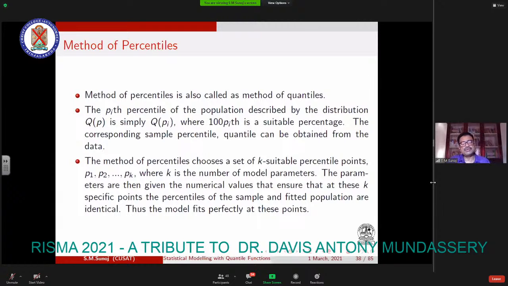In that case, we can think of using 3 percentiles, say the 10th, 50th, and 90th percentiles, to get an equal interval of percentiles. Otherwise it will not explain the tail end behavior of the population. That is why equally distributed percentiles are taken to estimate the parameters. So the method of percentiles is a commonly used method to estimate the parameters in the quantile approach.